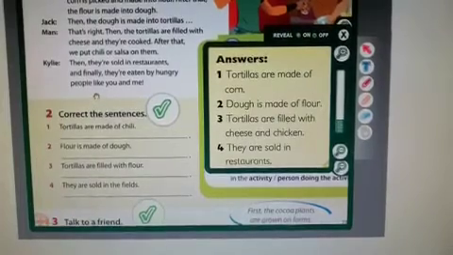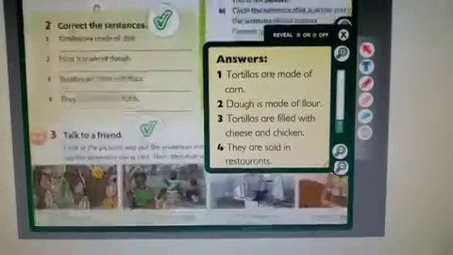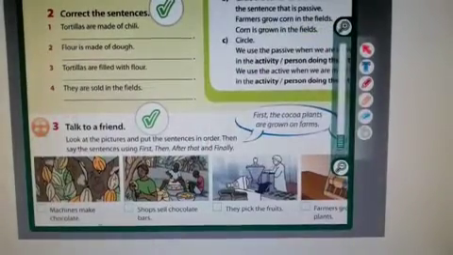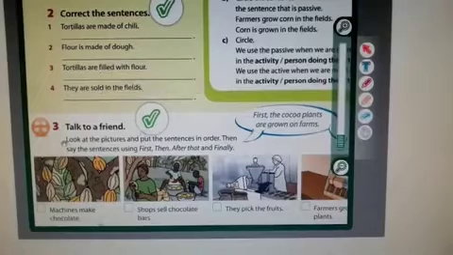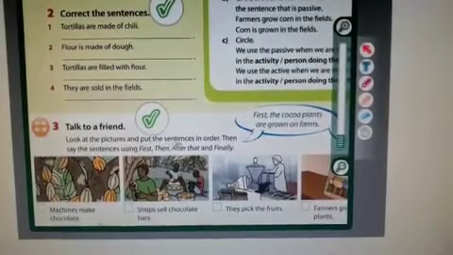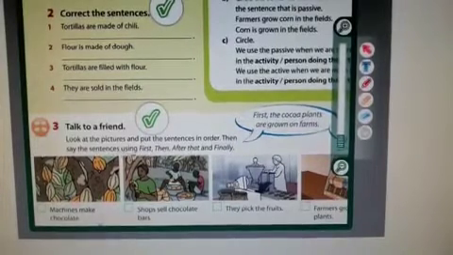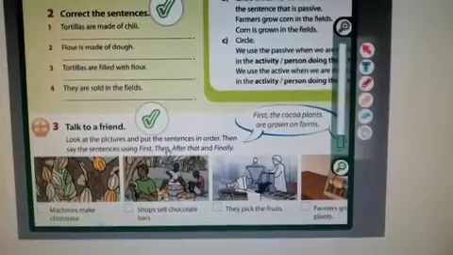Okay, now let's move to exercise 3. Talk to a friend. Look at the pictures. Here we have 4 pictures; put the sentences in order. Then say the sentences using first, then, after that, and finally.